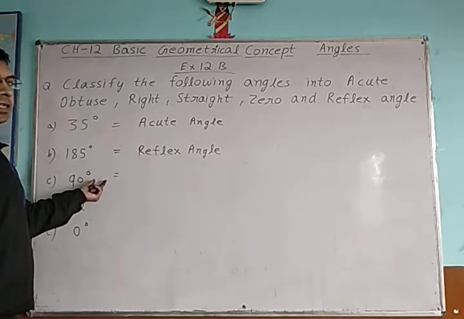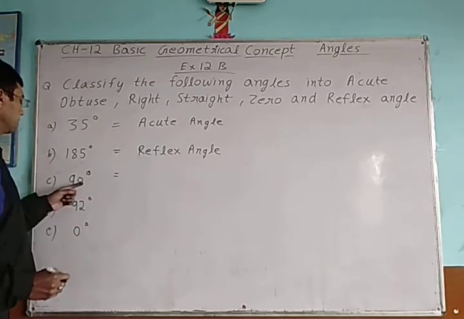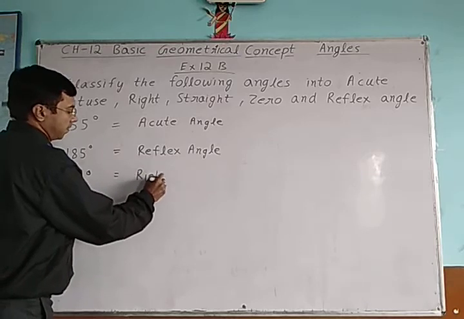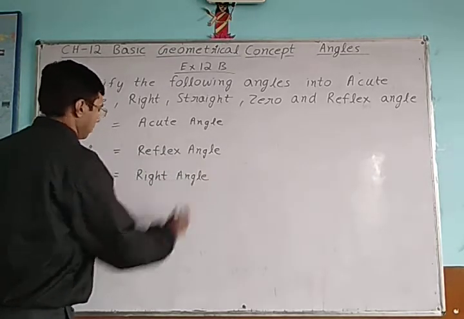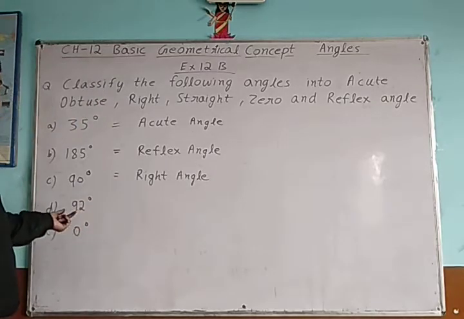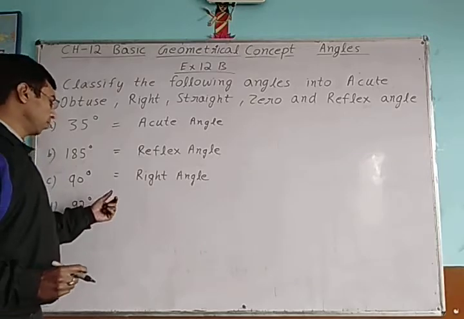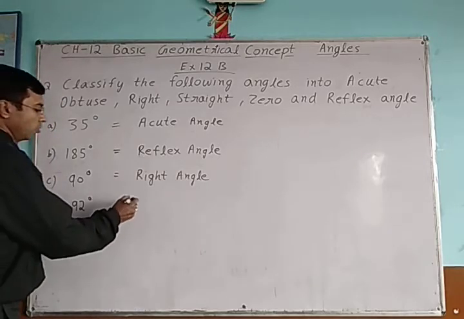Angle which makes 90 degree, it is what? Right angle. Clear? So it is 90 degree. So it is right angle. 92 degree. Angle more than 90 degree, obtuse angle. So it is 92 degree, more than 90 degree.